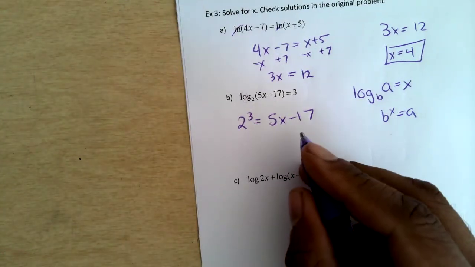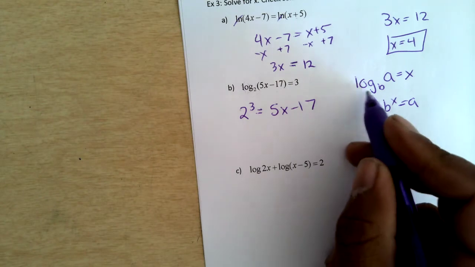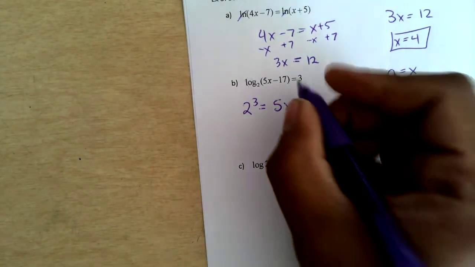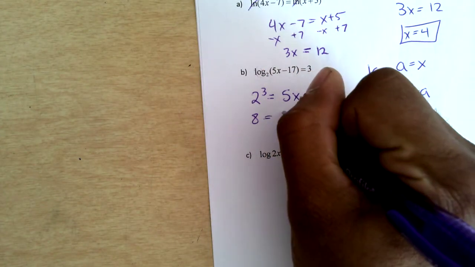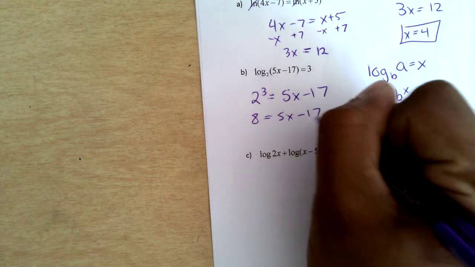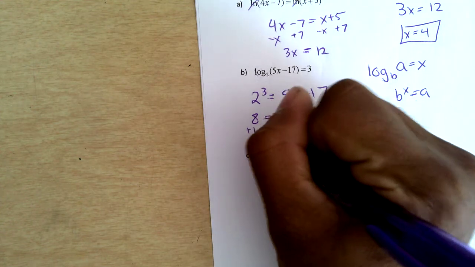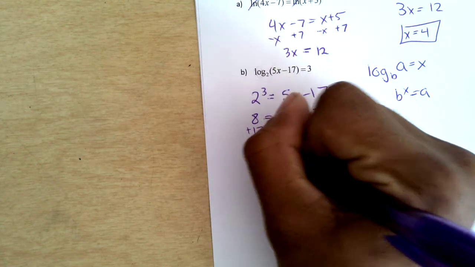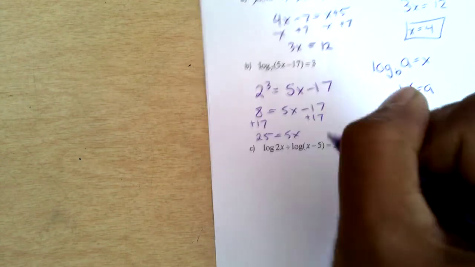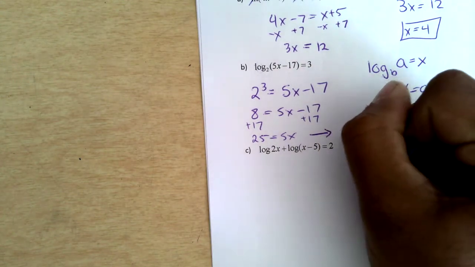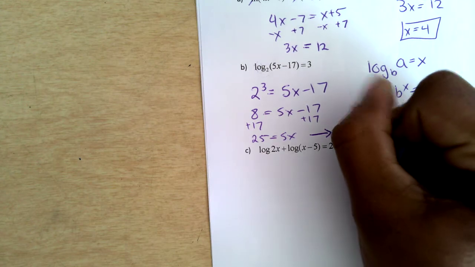I'll show you another way on this problem, but that's the cleanest way, I think, is to go from here to here. So 2 to the third is 8, so we have 5x minus 17. We're going to add 17, and then that gives us 25 equals 5x, and so therefore x equals 5.